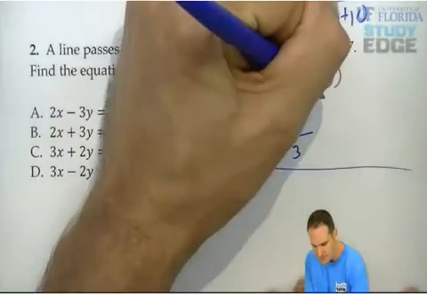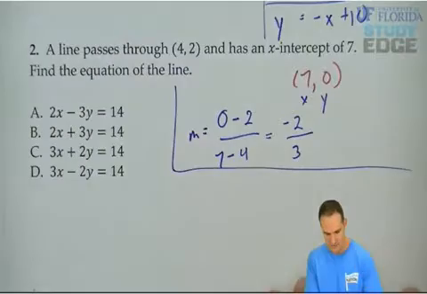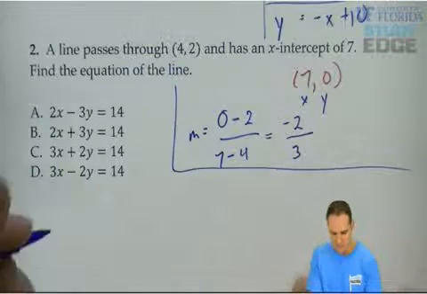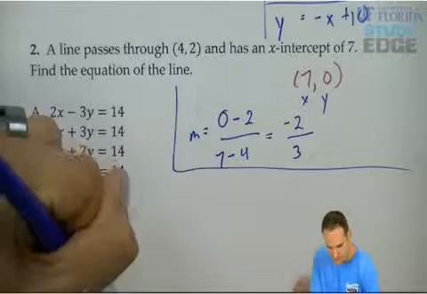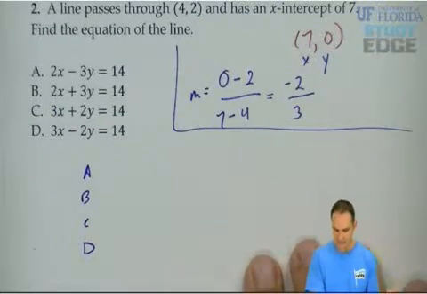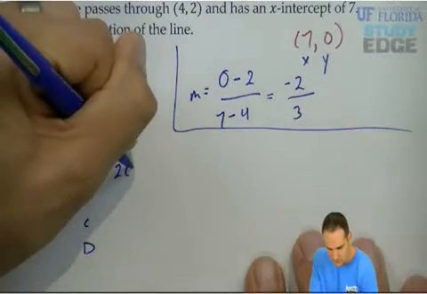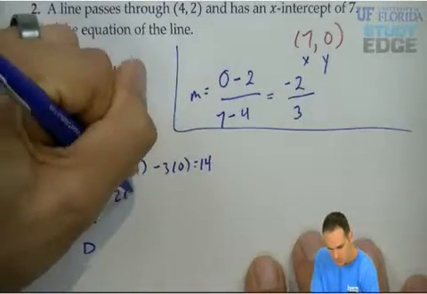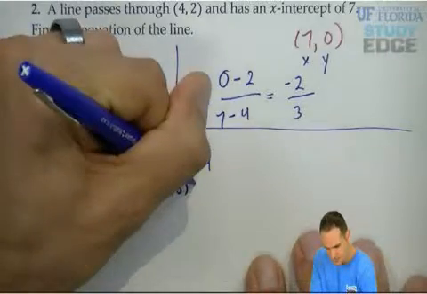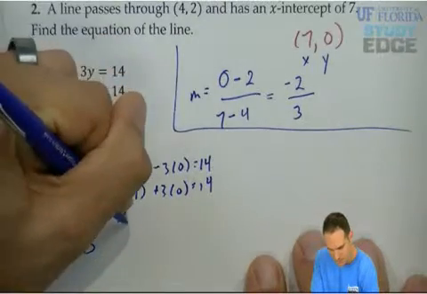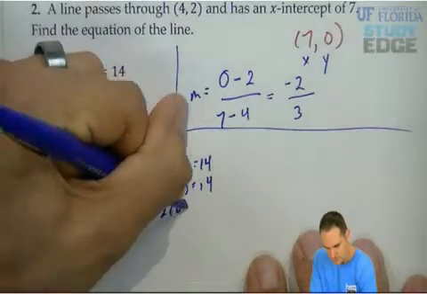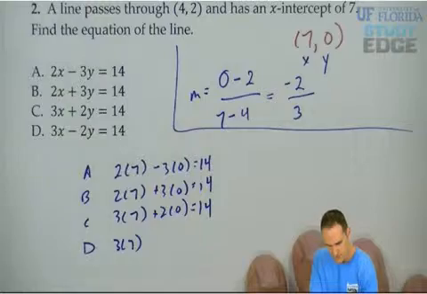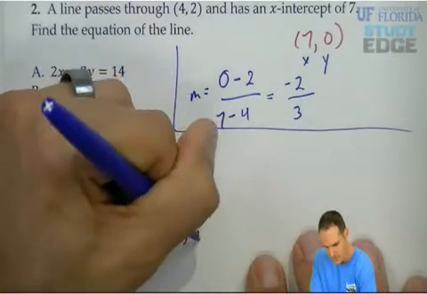So that means x is 7, and y's got to be 0. I'm going to plug in each one of these choices and see what happens. Between choices A, B, C, and D, x is 7, y is 0. 2 times 7 minus 3 times 0 equals 14. 2 times 7 plus 3 times 0 equals 14. 3 times 7 plus 2 times 0 equals 14. 3 times 7 minus 2 times 0 equals 14.